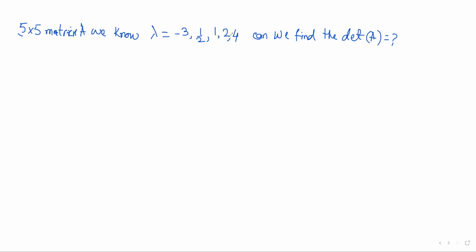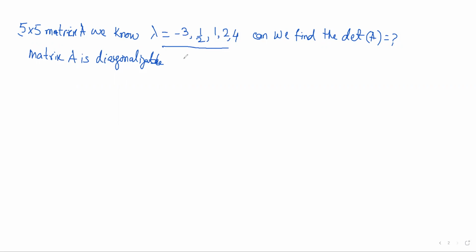This gives us the indication that matrix A is diagonalizable, that is, we can diagonalize this matrix, because the eigenvalues are distinct from each other. This gives us the surety that matrix A can be diagonalized.